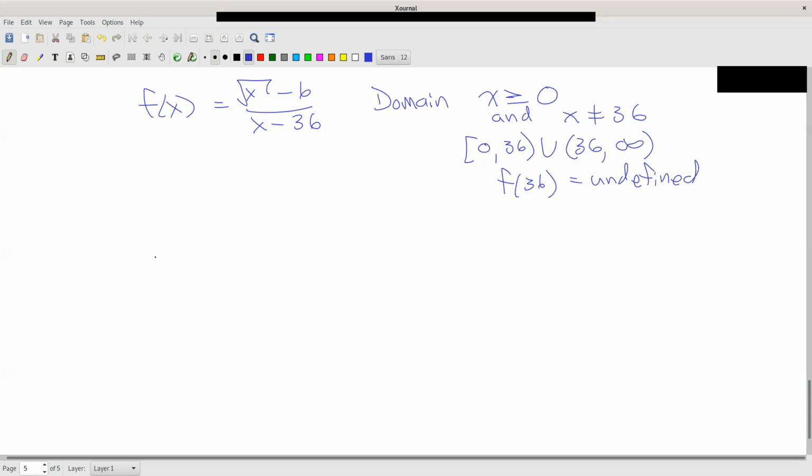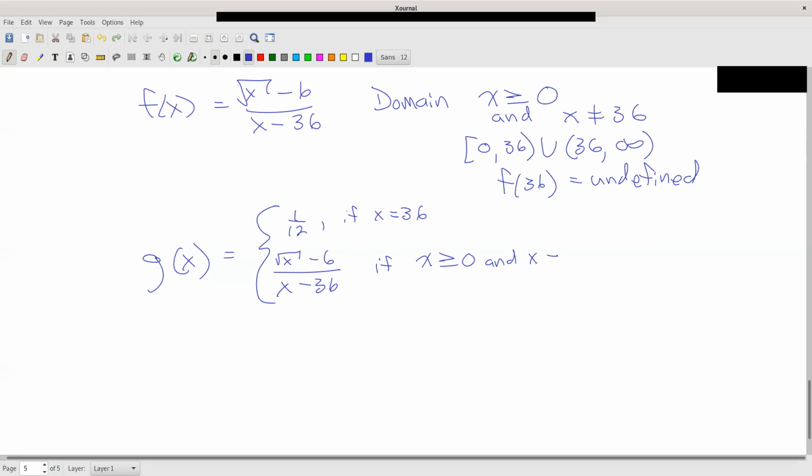So I'm going to create a new function, g of x, and I'm going to make g of x in pieces. So, piecewise function: we put a curly bracket, and the first piece is 1/12 if x equals 36. And then otherwise, I use the formula square root of x minus 6 over x minus 36 if x is greater than or equal to 0 and x is not 36.